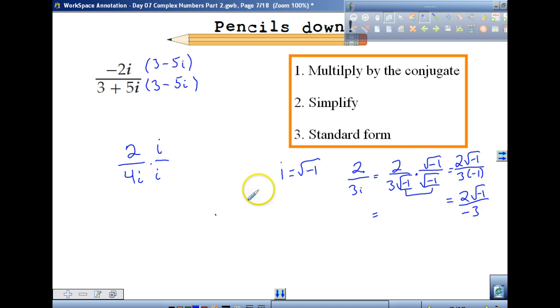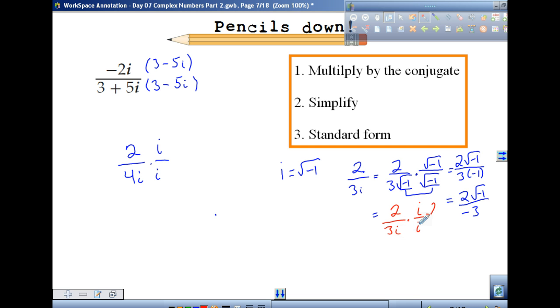But of course, this whole problem is not what you would see, because instead of writing square root of negative 1, we use i. So this whole problem can be rewritten as 2 over 3i. And then instead of multiplying by square root over square root, we would do just i over i.